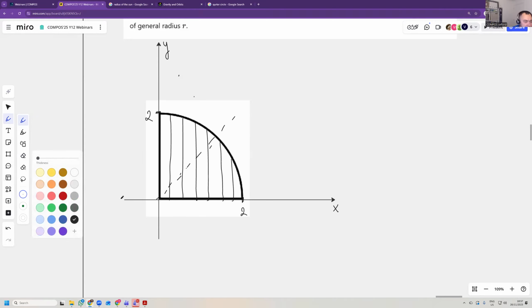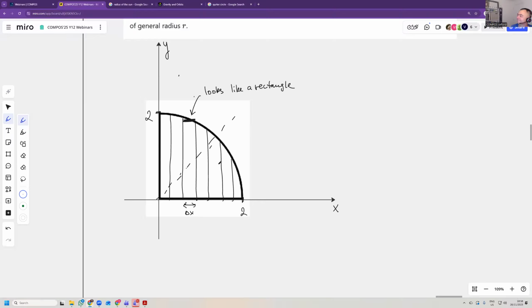And if this width, let's call it delta x, is narrow enough, I can assume that it is a rectangle. It looks like a rectangle. I'm cheating a bit here, but hopefully you're happy with that, right?